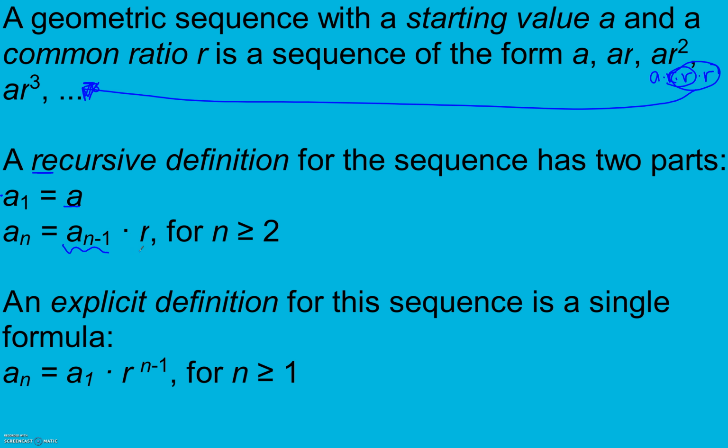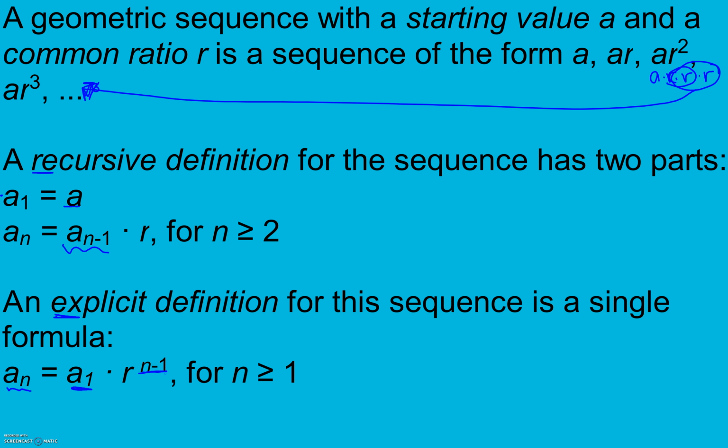In an explicit definition, it's a single formula. In an explicit formula, we have exactly one formula that gives us the exact answer right away. So here, any term is the value of our first term times our common ratio, and since we're multiplying every time, we express repeated multiplication with exponents. And here it's going to be n minus 1 because it's our term number minus 1.